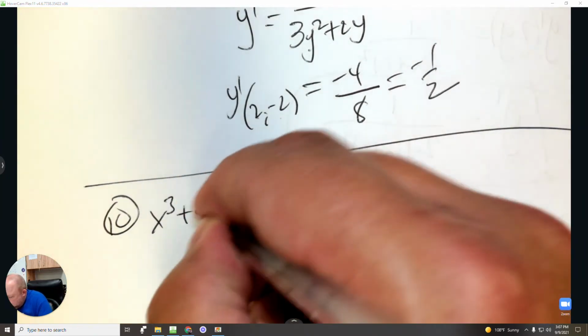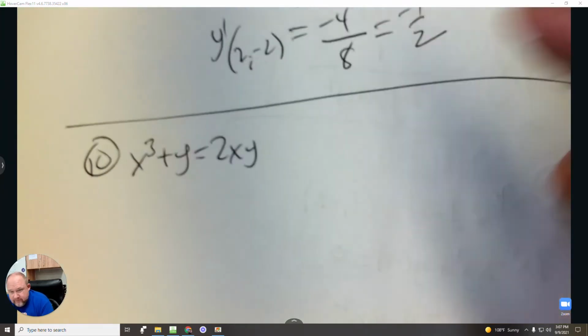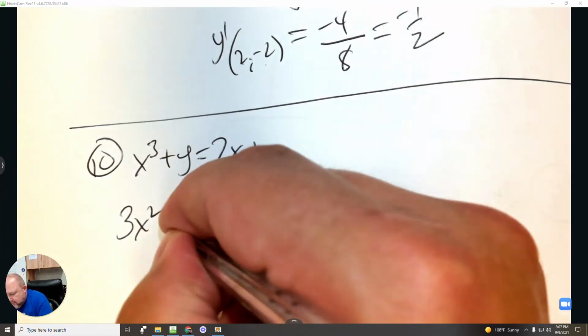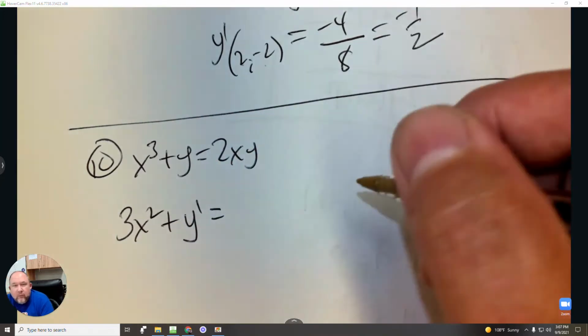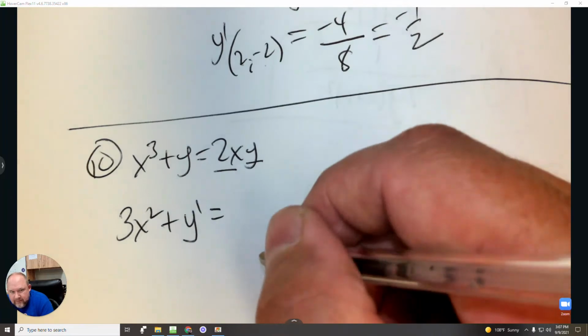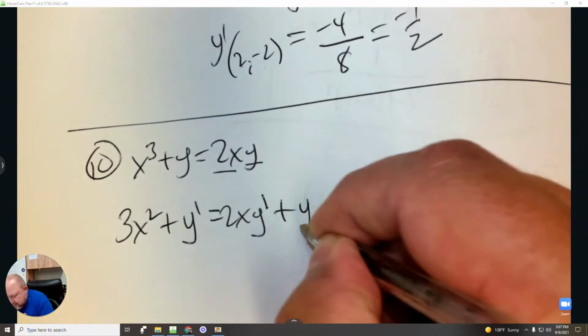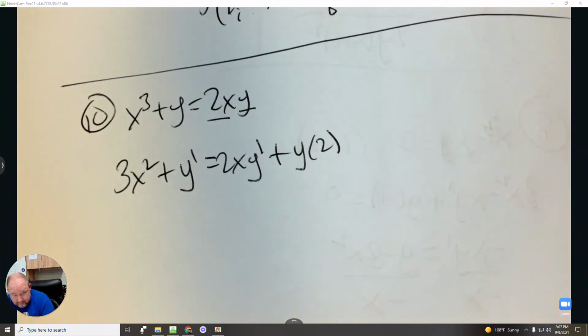X cubed plus y equals 2xy. Take the derivative, 3x squared. The derivative of 1y is 1, but it needs a y prime. This is a product rule. So the first times the derivative of the second plus the second times the derivative of the first.